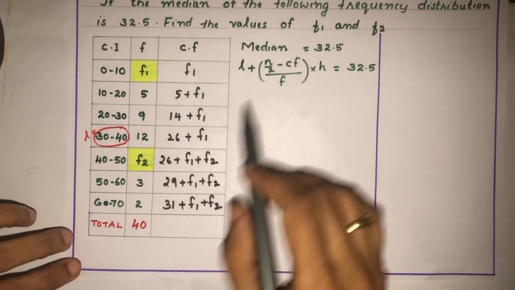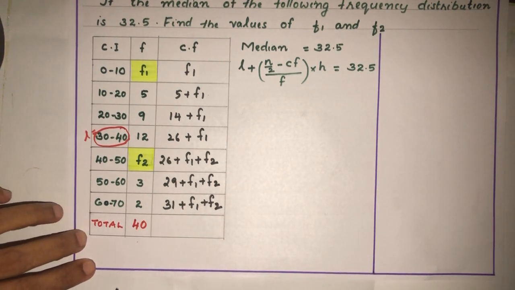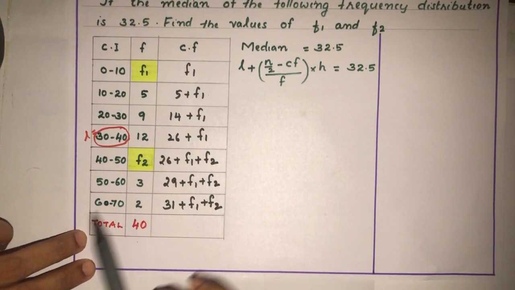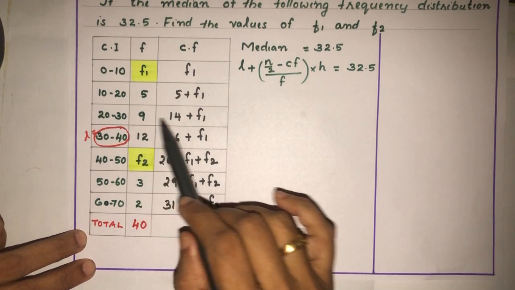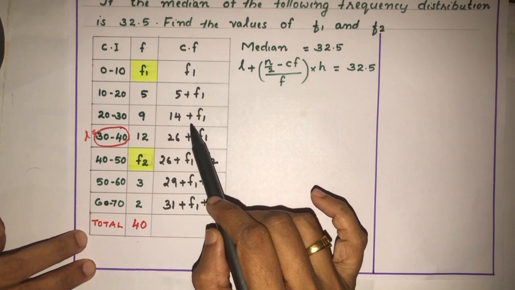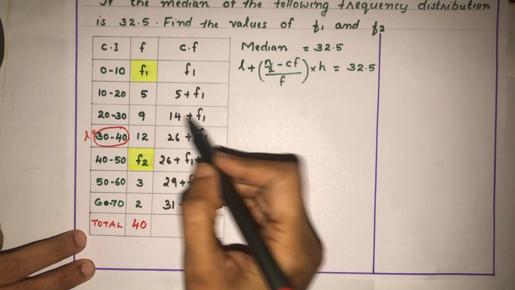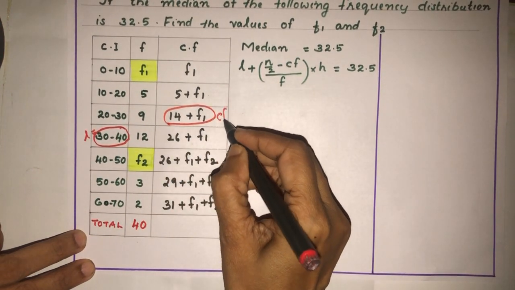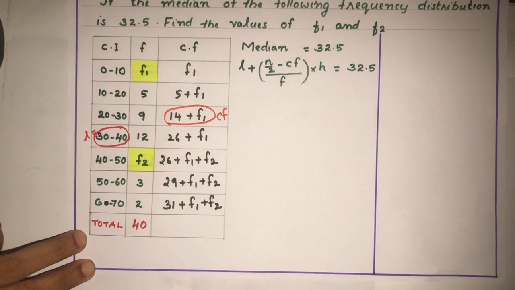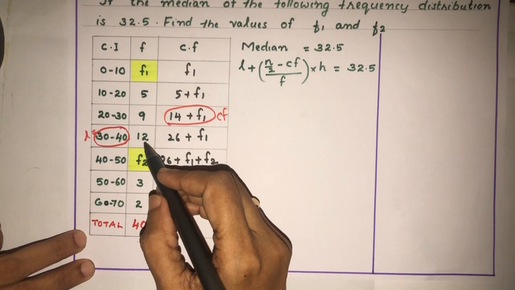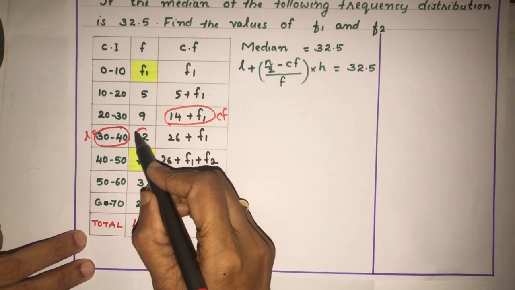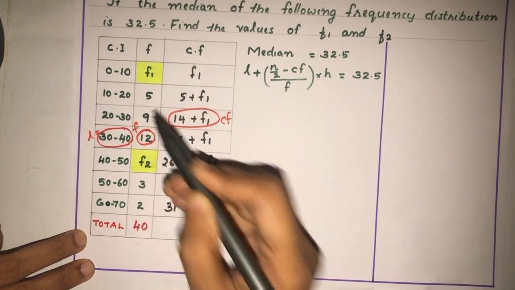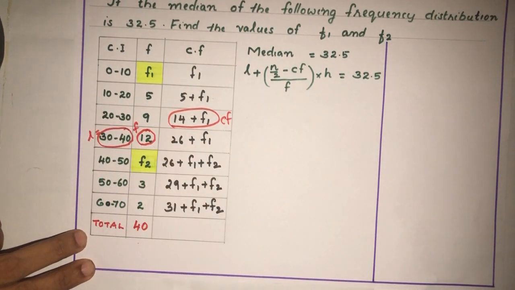Now, N by 2 we can have 40 by 2. Then CF, here the preceding class cumulative frequency. So it is 14 plus F1. This is CF. Now F is the frequency of the median class, that is 12. Then H we have 10.